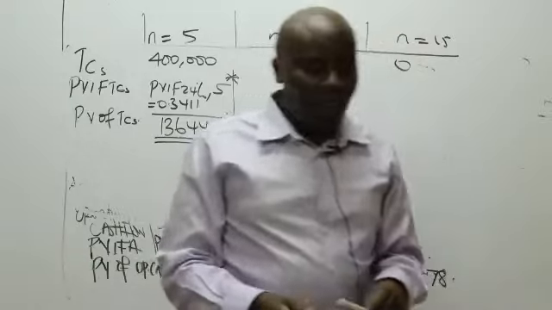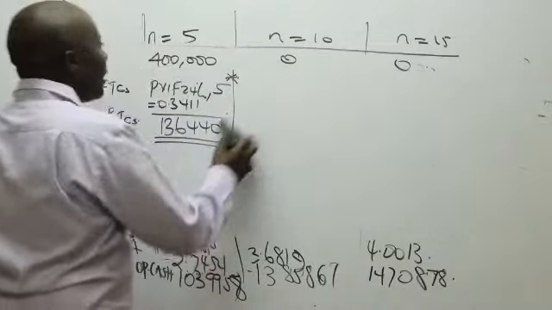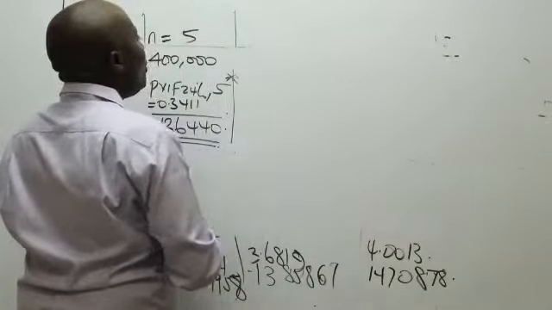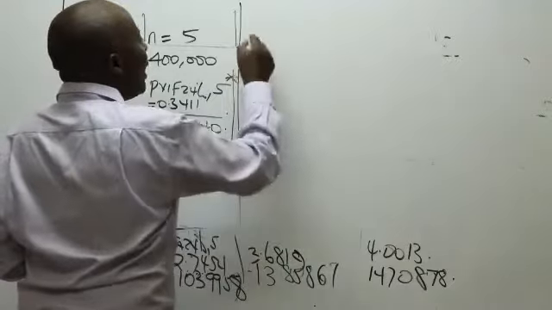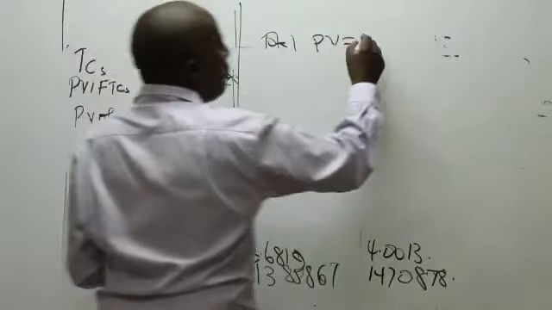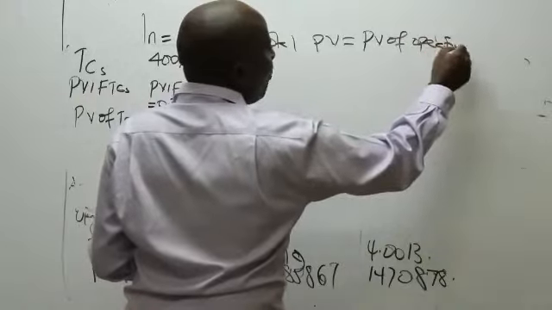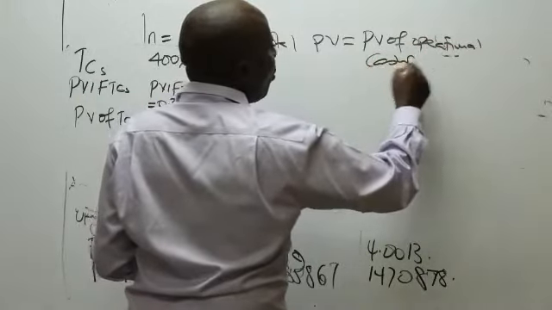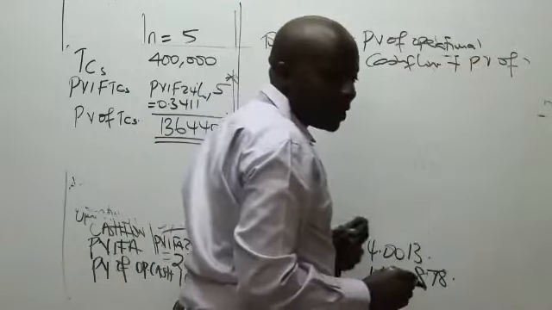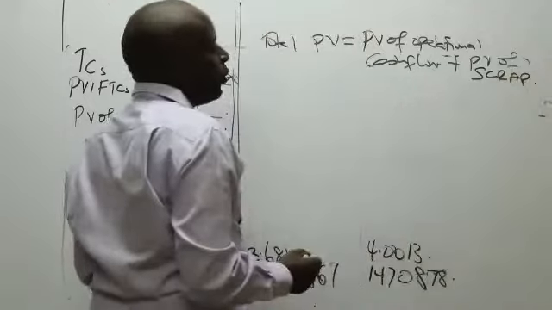Add. What they're telling me now, I understand. These are bright students. They are telling me, Mwalimu, you know what? We are very bright. What we do is to come here and ascertain the total present value, which will be the present value of operational cash flow plus the present value of scrap of the terminal cash flow.